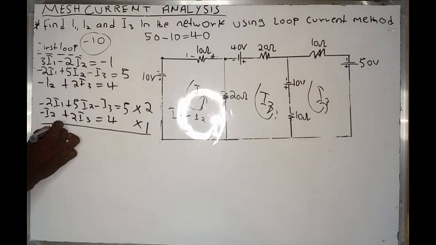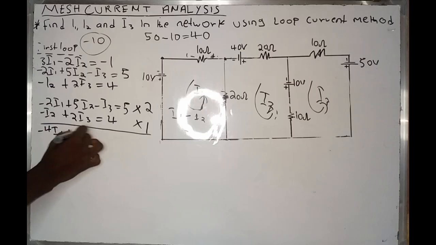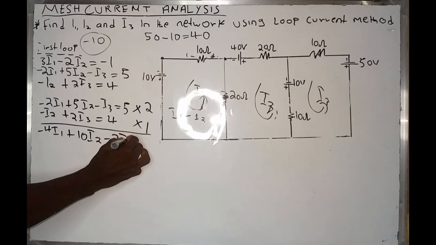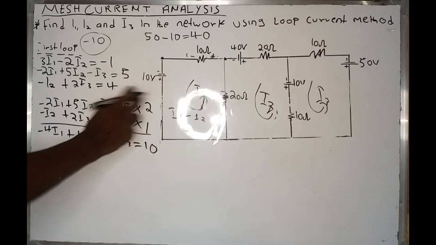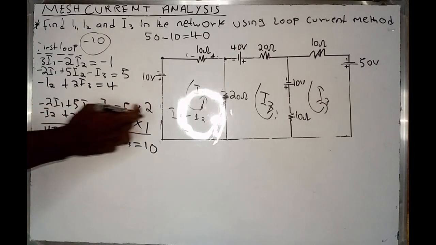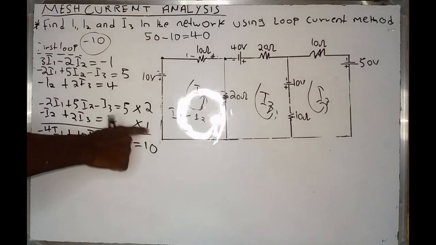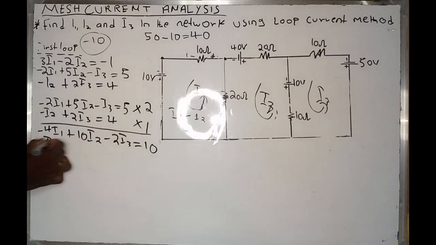I'm having negative 4I1, and plus 2 multiplied by 5, I'm having 10I2, minus 2I3, which is equal to 10, since 5 times 2 is 10. Then 1 multiplied by negative I1 gives minus I1, because 1 multiplied by a negative number is that negative number.